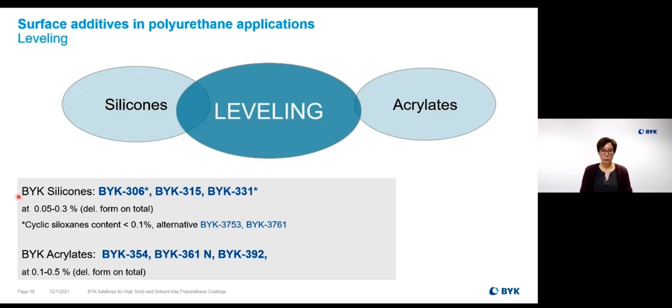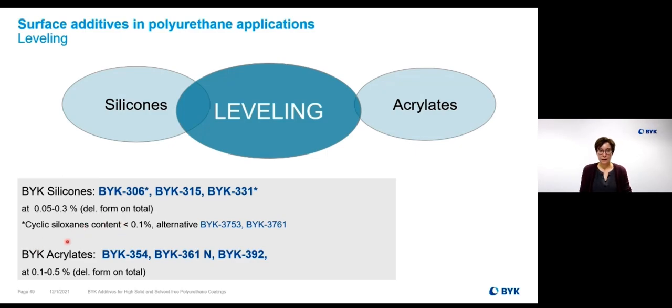So what can we recommend? We have BYK silicones like BYK 306, 315 or 331. And normally we start with a dosage of 0.05 up to 0.3% delivery form on total.